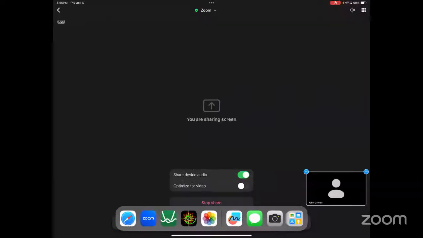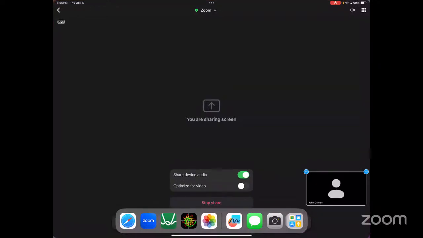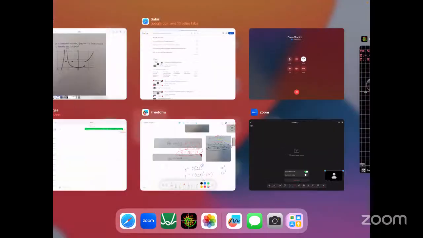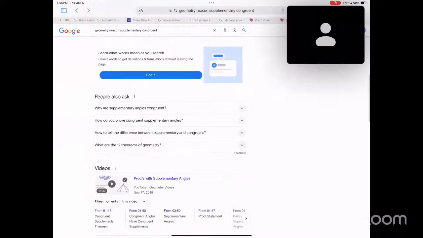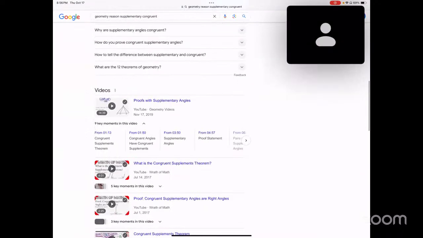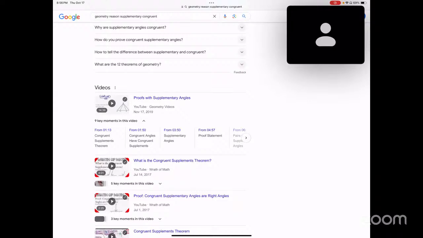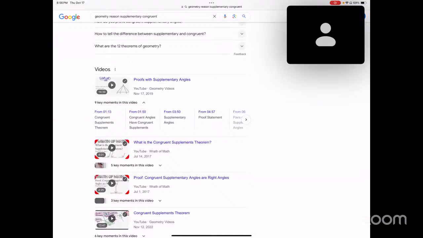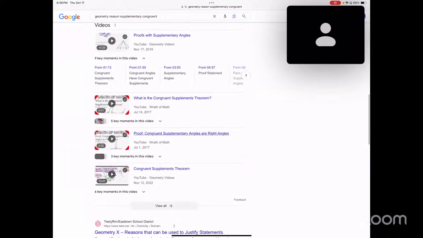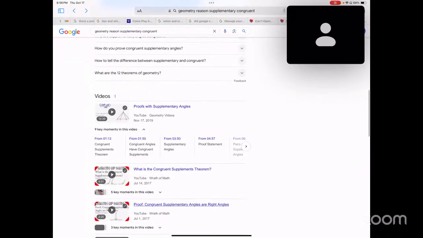Let's see if you can hear it if I'm sharing it right now. All right, can you see my screen now? Yes, sir. Congruent supplementary angles are right angles. No. Congruent supplements theorem. I think it's this one. I think this is a good one.